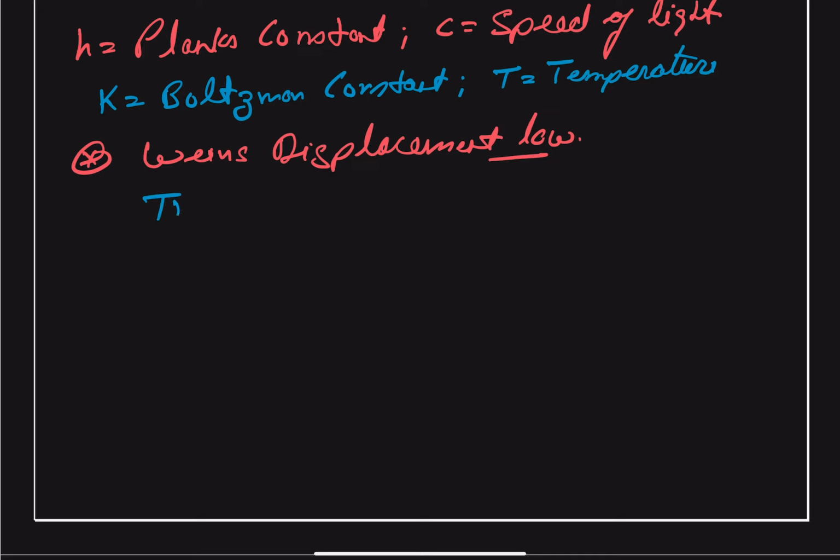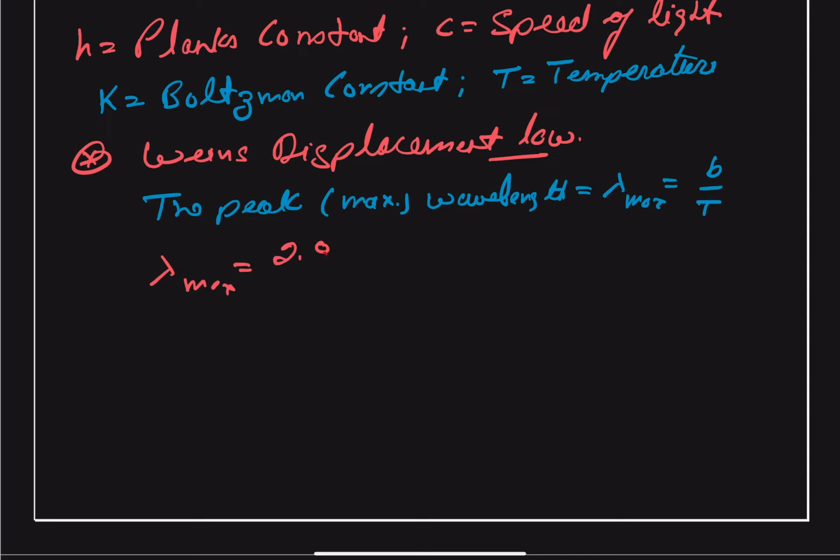The peak, meaning maximum wavelength, represented as lambda max, is equal to B divided by T. The value of B is given and the temperature is also given, so lambda max is equal to 2.88 times 10 raised to power 6 divided by 2880, and this comes as 1000 nanometers.